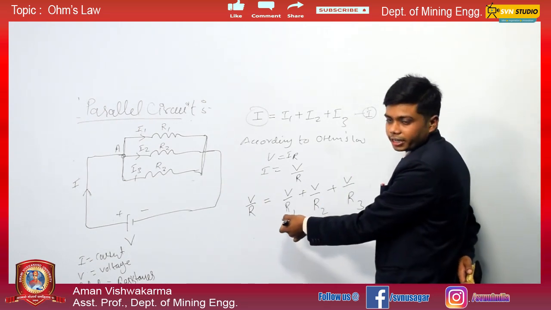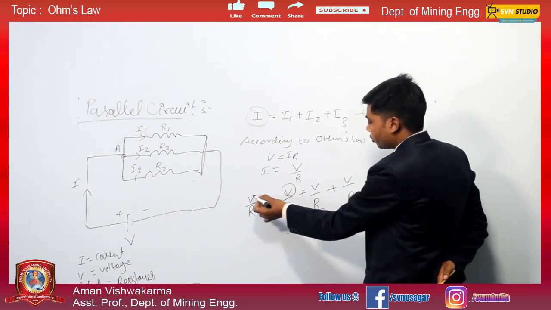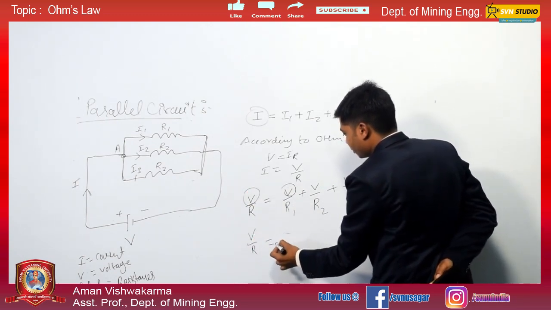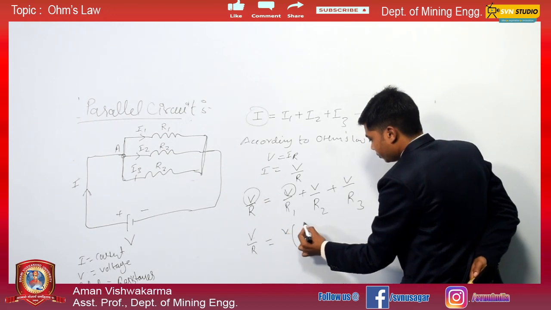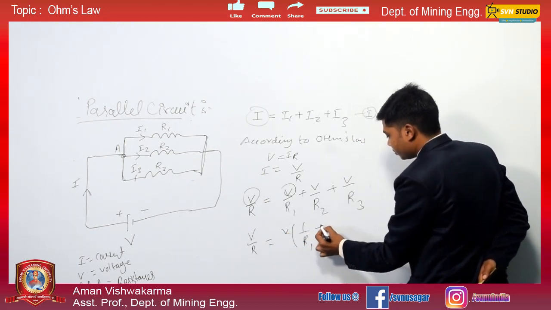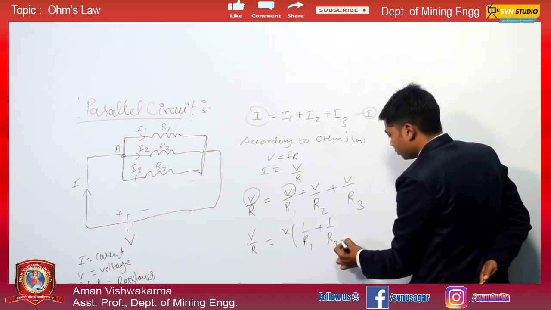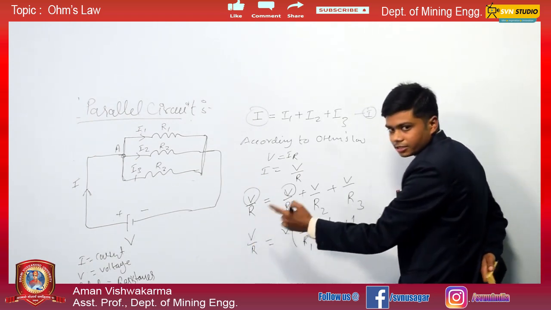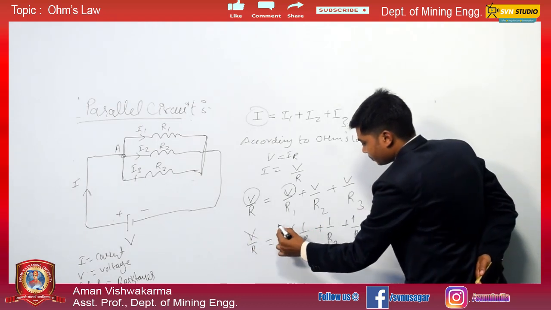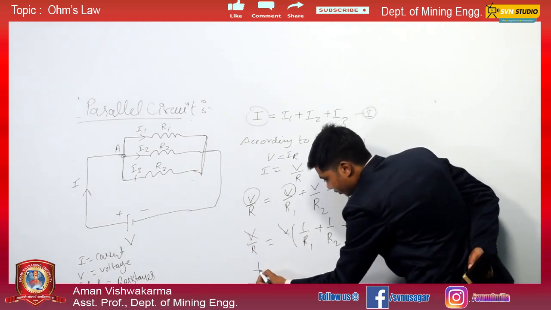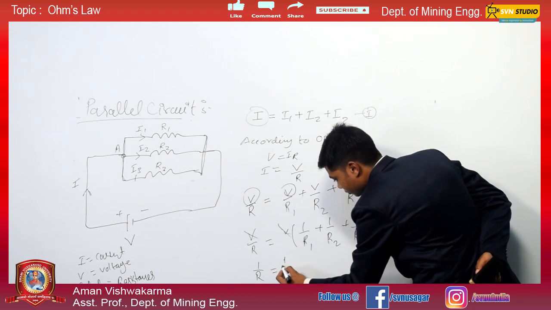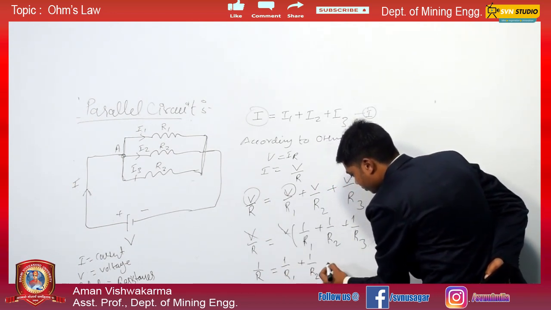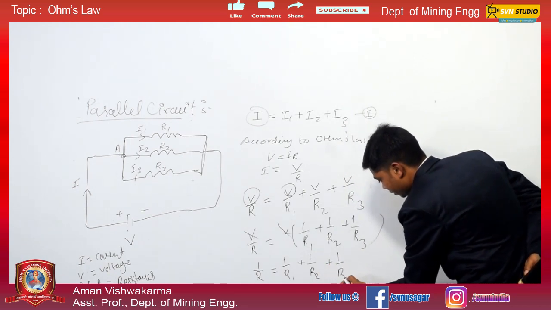Now, we can take V common from both sides. So, what next? V by R is equal to V into 1 upon R1 plus 1 upon R2 plus 1 upon R3. We can cancel this V from both sides. So, what next? 1 upon R is equal to 1 upon R1 plus 1 upon R2 plus 1 upon R3.